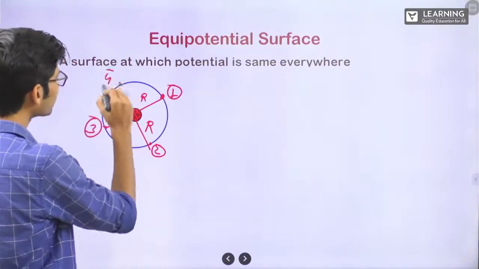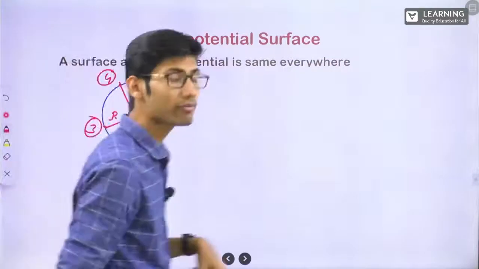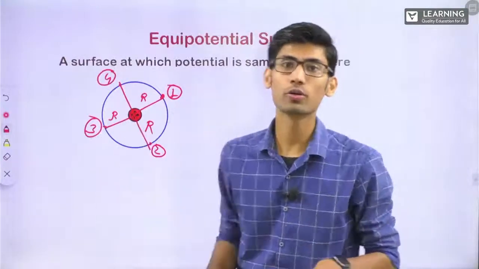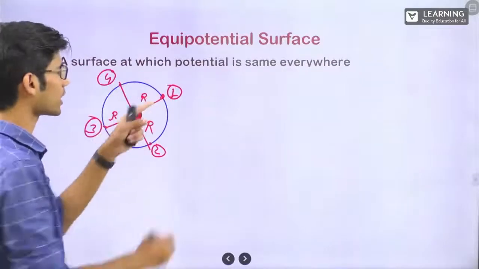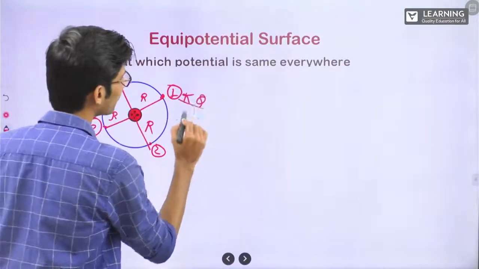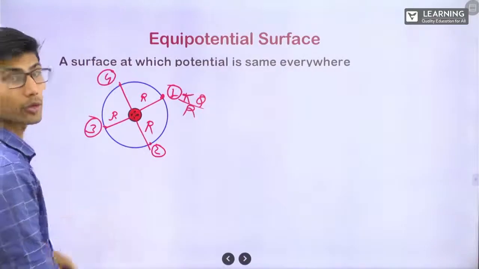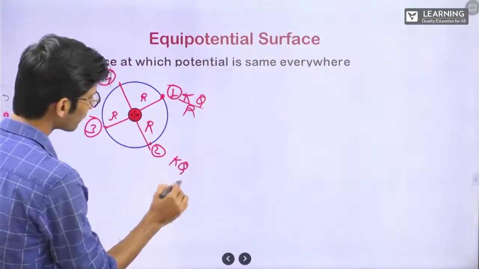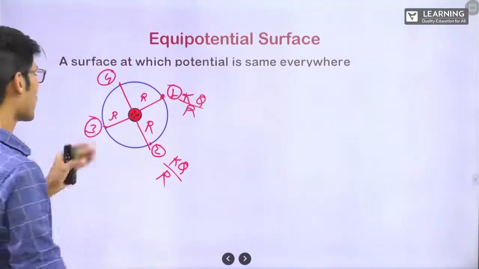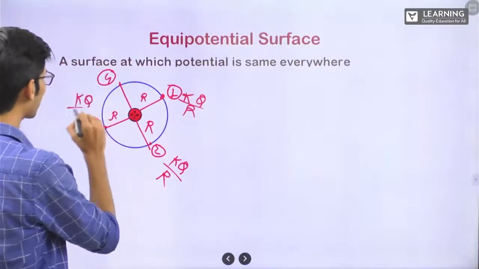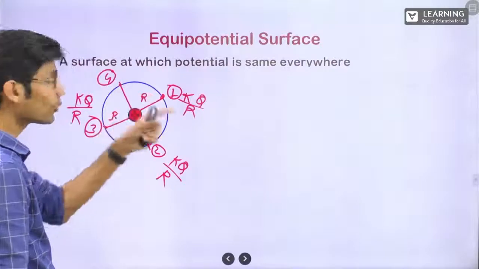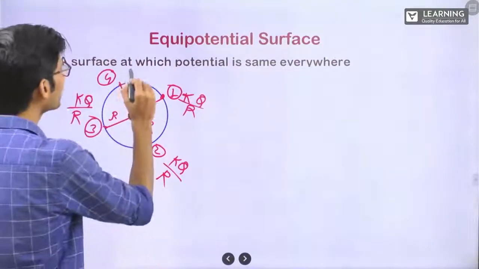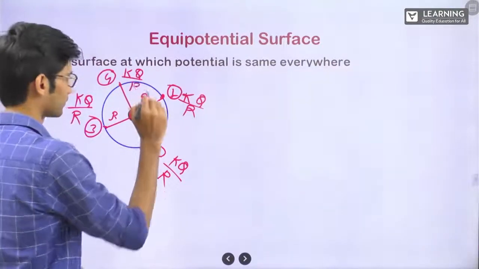At any point on the surface, if I ask you the potential due to this charge, how much will it be? It is at distance r from the charge, so this will be kq by r. Here at point 2, again it will be kq by r. At point 3, again it will be kq by r. Why? Because the distance between this point and the charge is r everywhere. Any point you take on the surface, the potential will be kq by r.